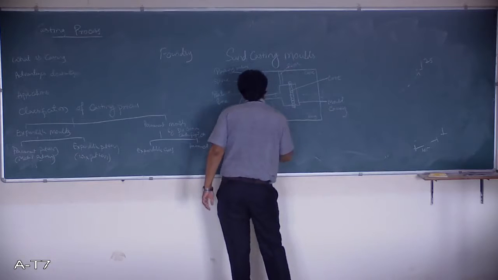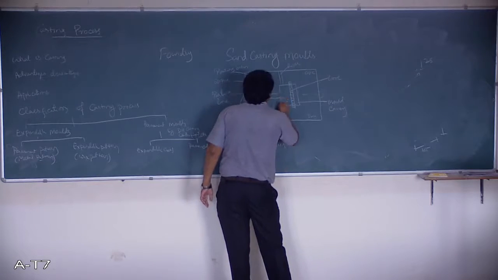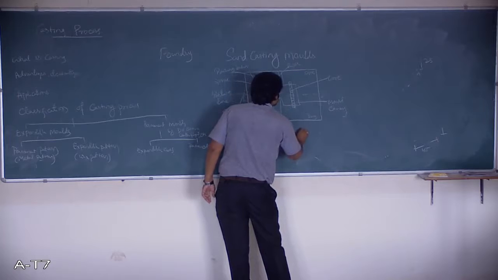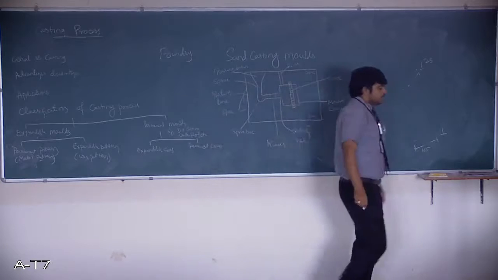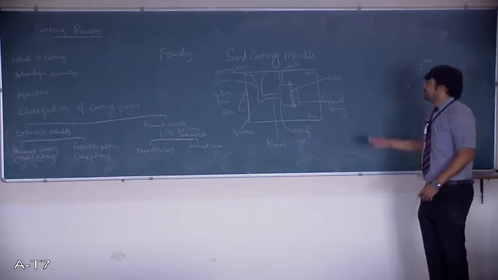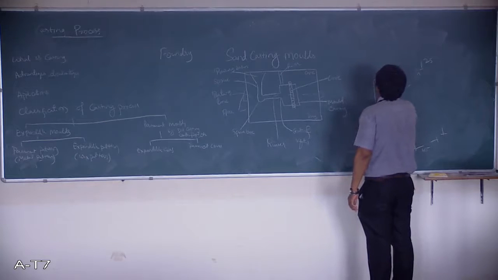There is something called a runner, and this part is the gates and ingates. And the casting you get will have this structure.